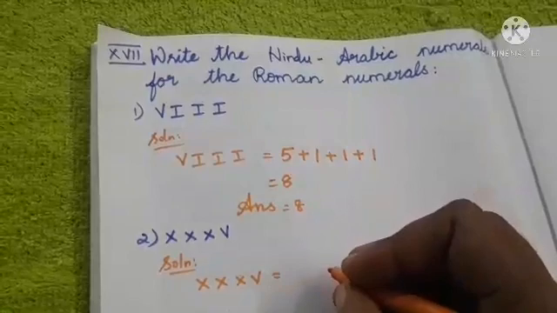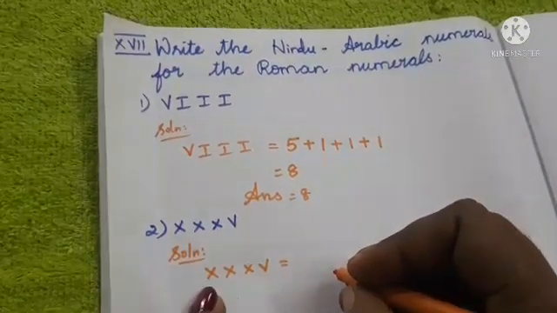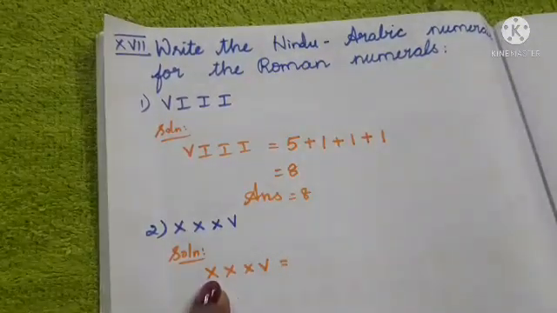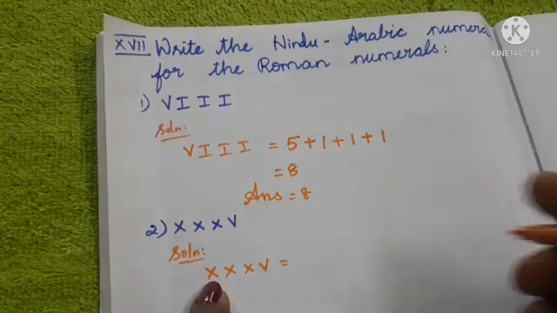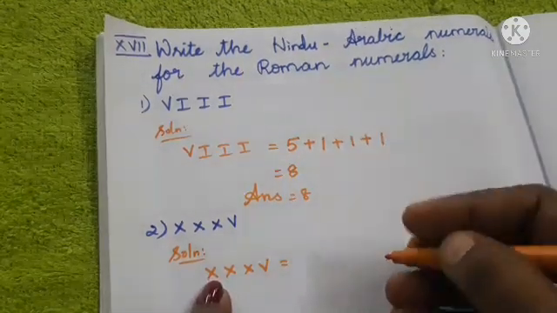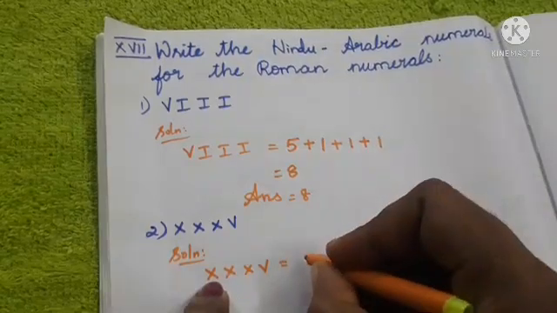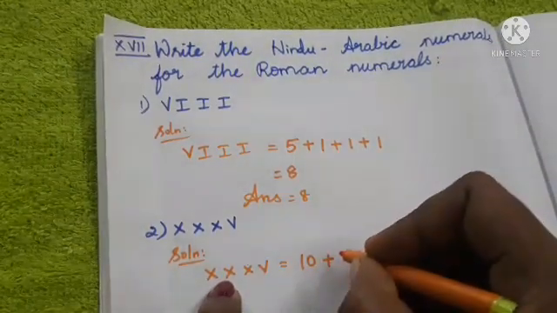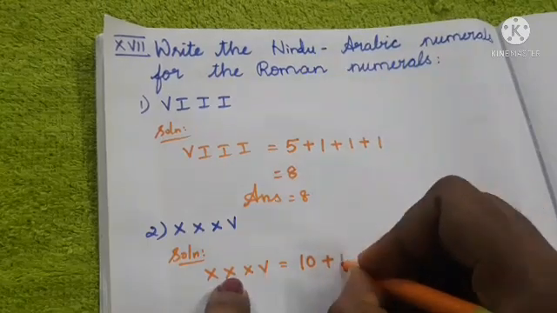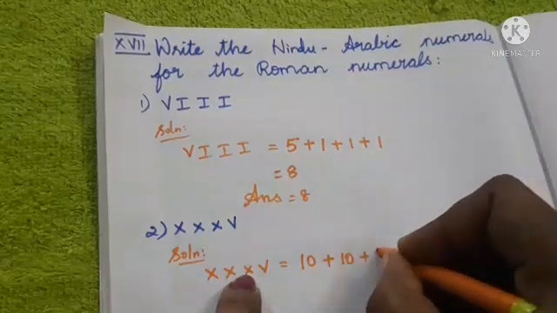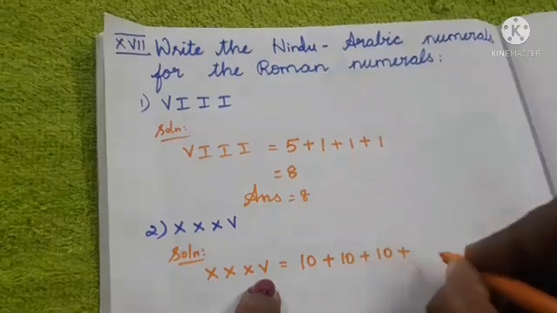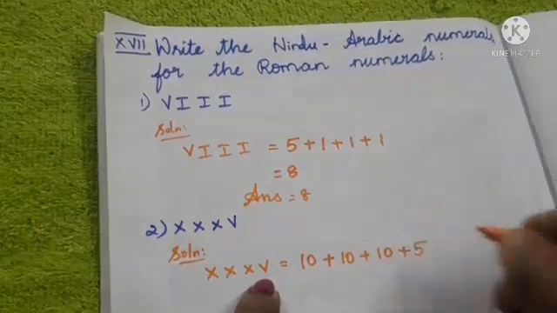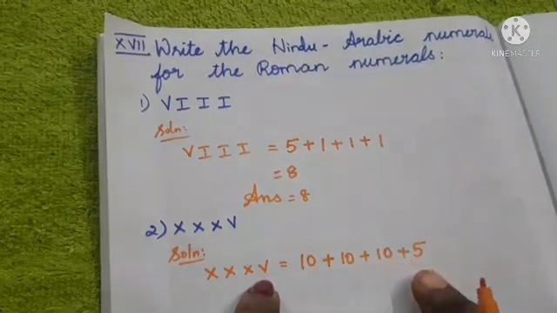So listen, we have to write the Hindu Arabic value for these Roman numerals. So X means what? First X means 10. Then put plus, don't forget to put the plus. The next X means 10 plus, third X means 10 plus, V means what? V means 5. So 10 plus 10 plus 10 plus 5.